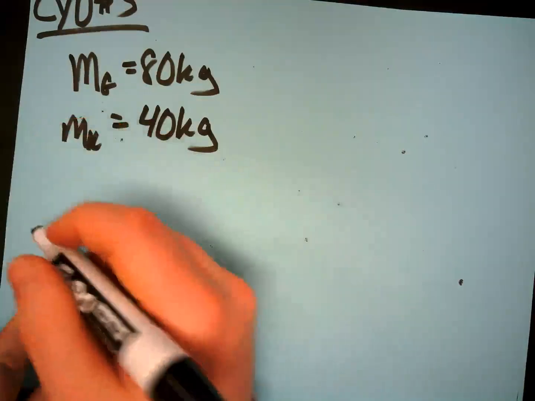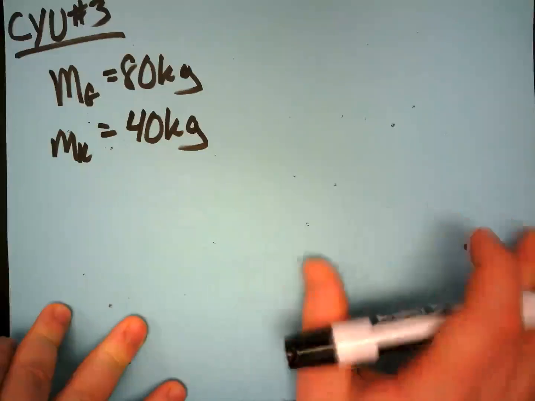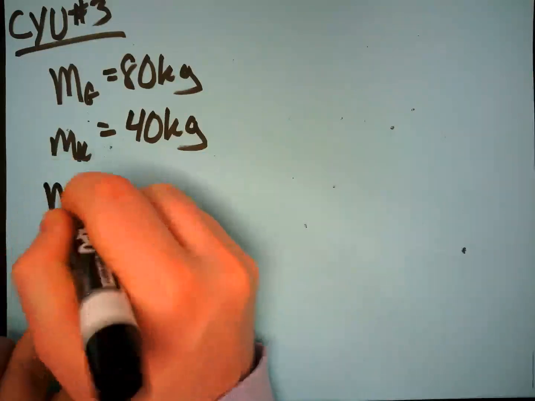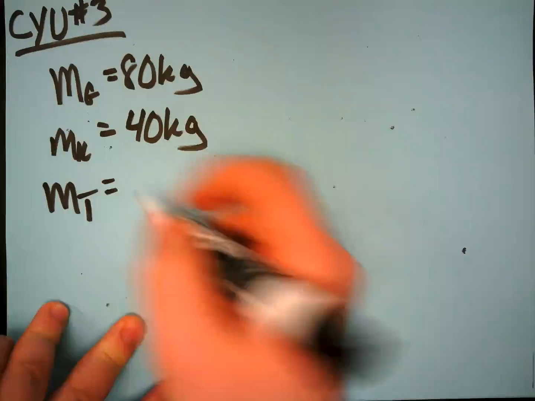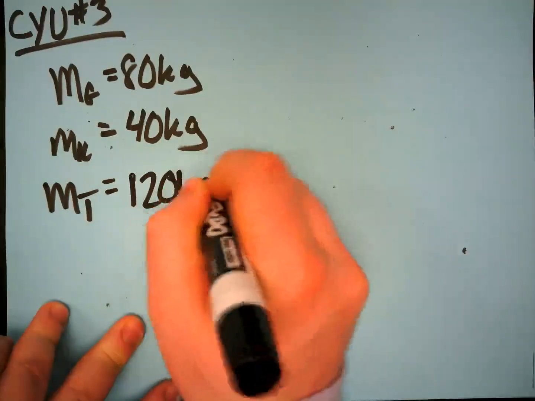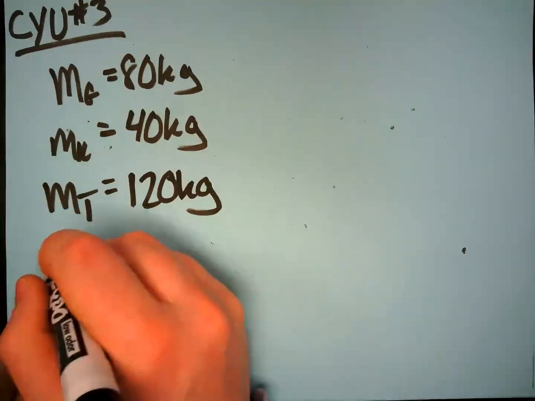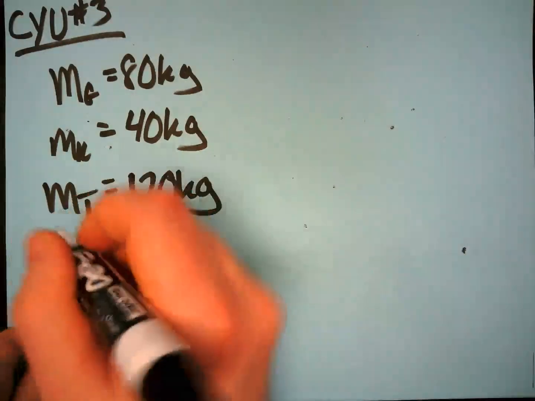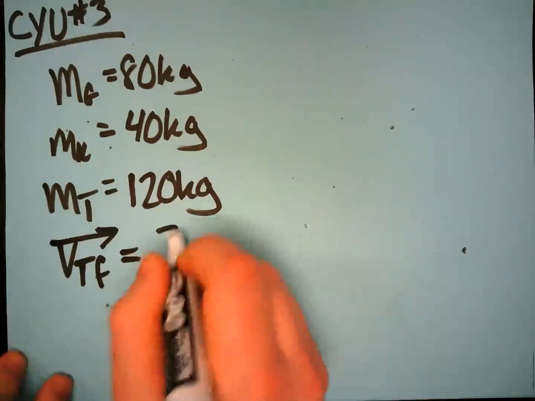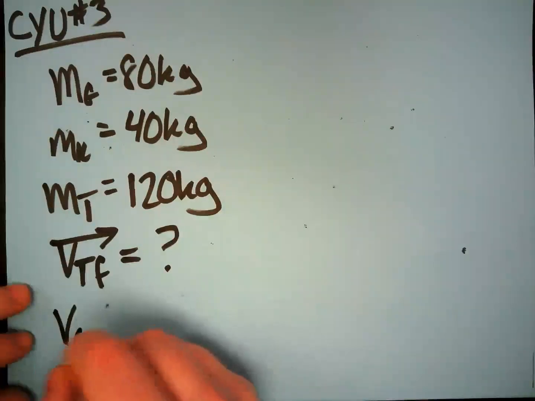And because this is a completely inelastic problem, we know that there's going to be a total mass here because they're going to become one unit. So the total mass here is going to be 120 kilograms. And we need to find what the final velocity is at the end here. We are given grandma's velocity initially.